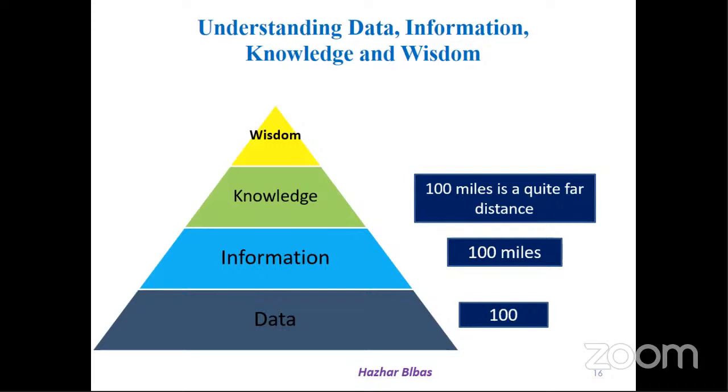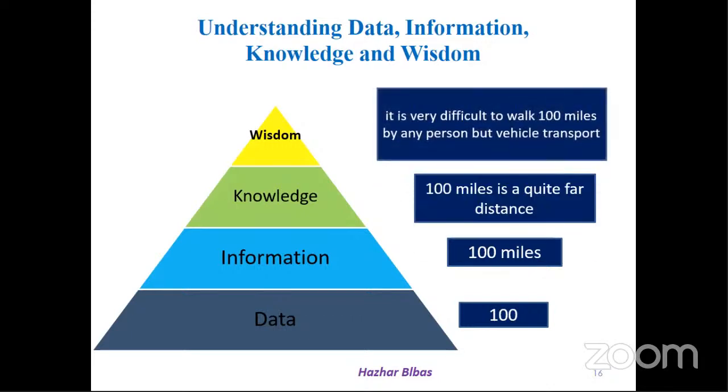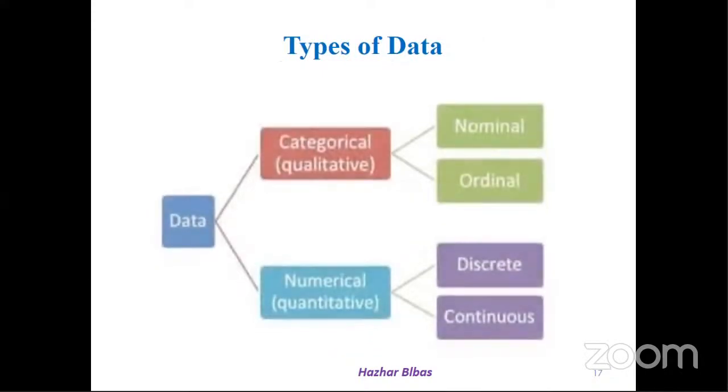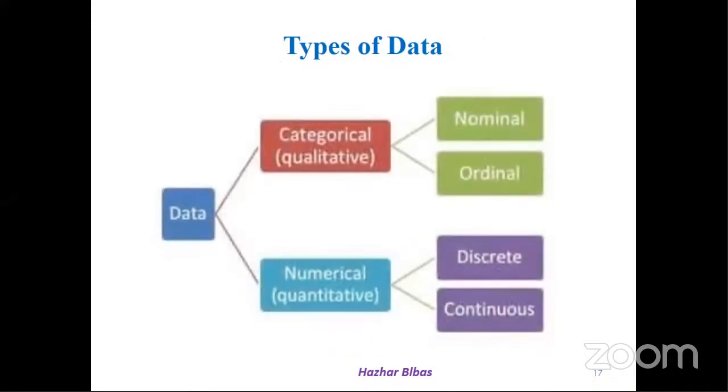It becomes knowledge. How does it become wisdom? If you say it's very difficult to walk 100 miles by any person, but a vehicle can do this, that becomes wisdom. We have two types of data: qualitative data and quantitative data.